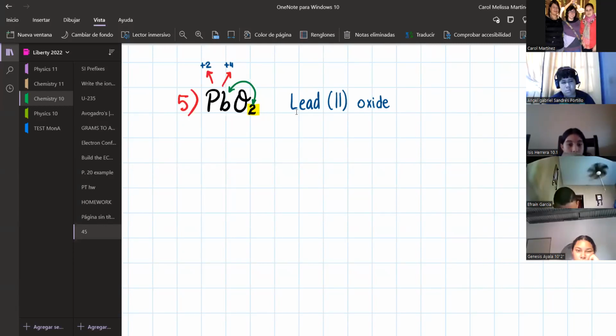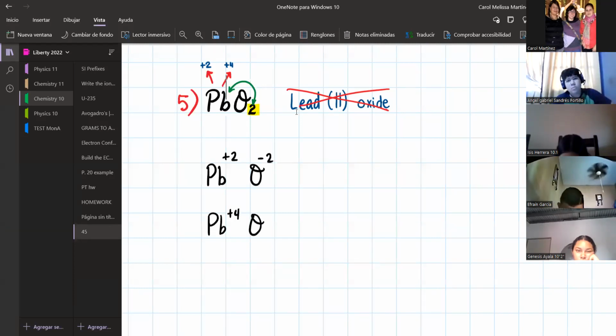This name is incorrect. Remember that I said at the beginning that lead can form +2 or +4. And I'm combining this with oxygen that is always -2. So in the first one, I have lead 2 combined with oxygen 2, and they will cancel out.